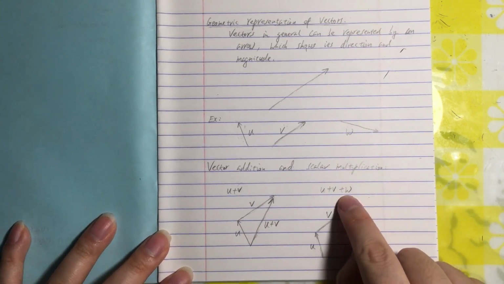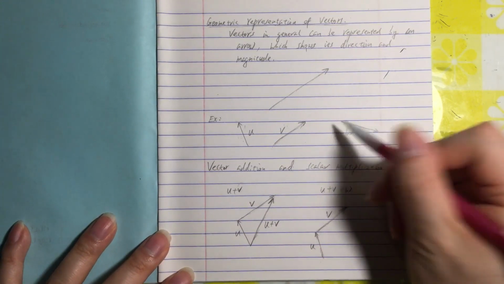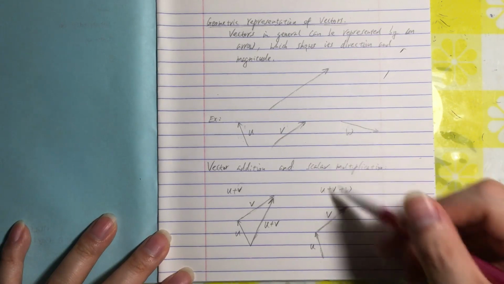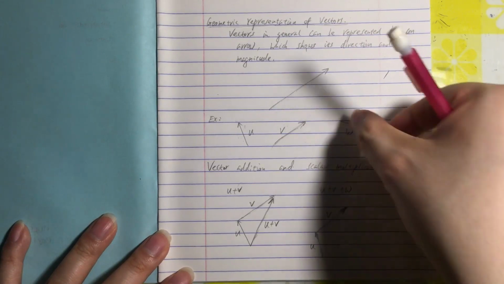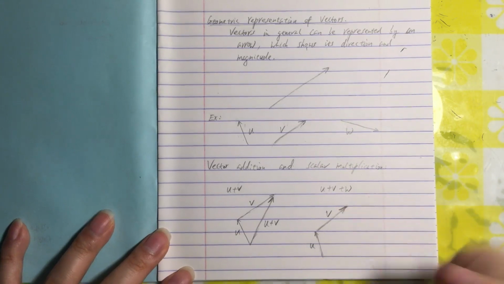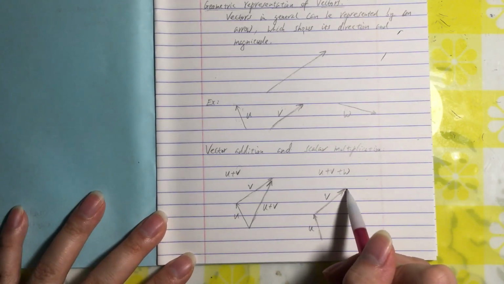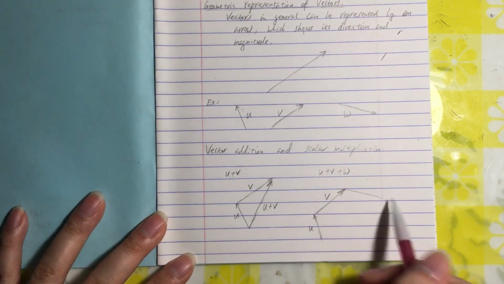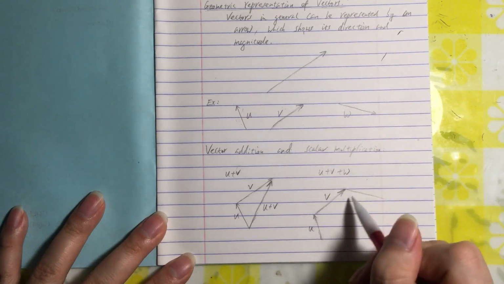Next, add w. Put the tail of w at the head of vector v. Shift vector w here.